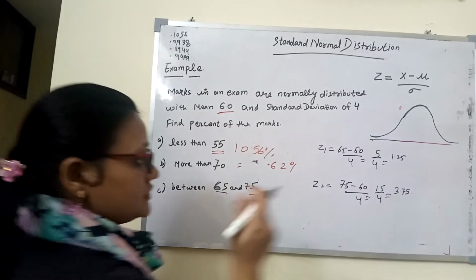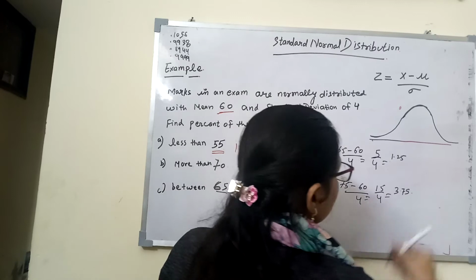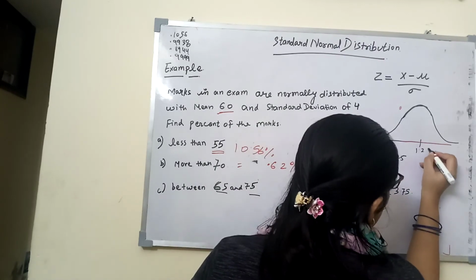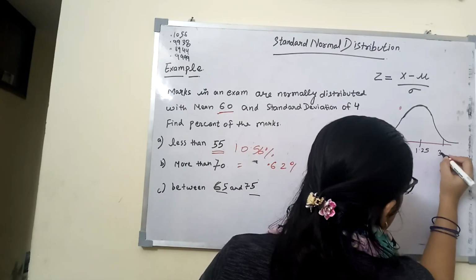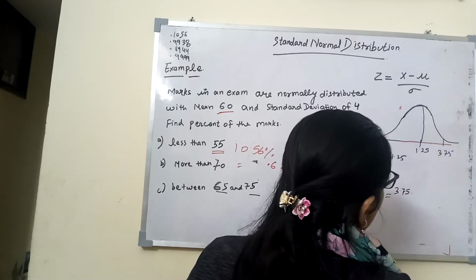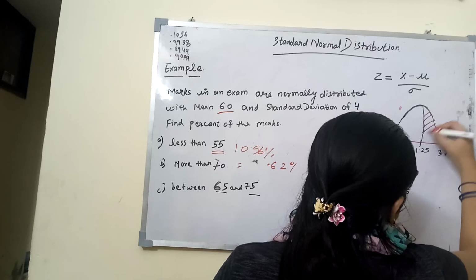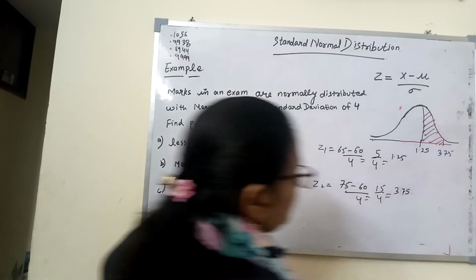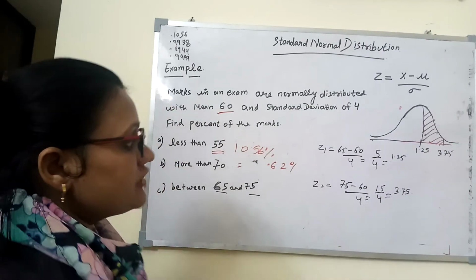So again, this is the z score value: this is 1.25 and this is 3.75. That means we have to find the value of this shaded region. Again, the same procedure we have to follow.